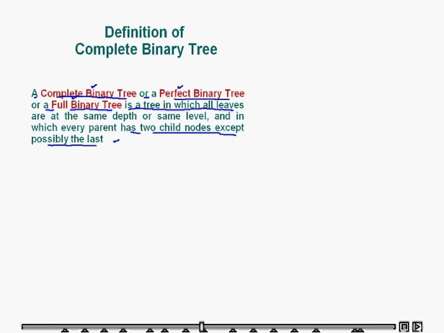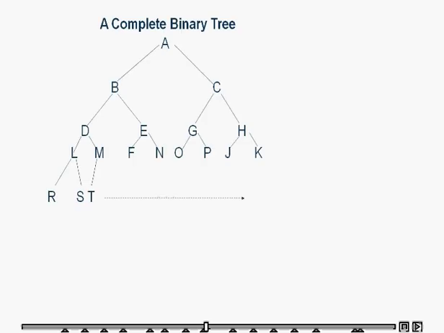To understand exactly what a complete binary tree or a perfect binary tree is, we draw a diagram. Have a look at this diagram. This is a complete binary tree. The definition states that all the levels must be completely filled.